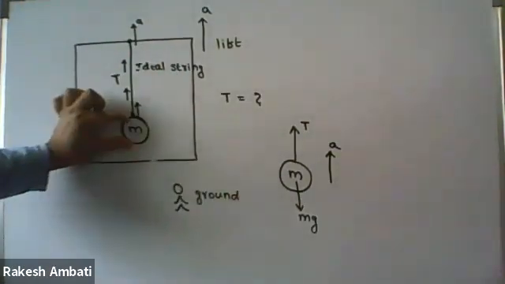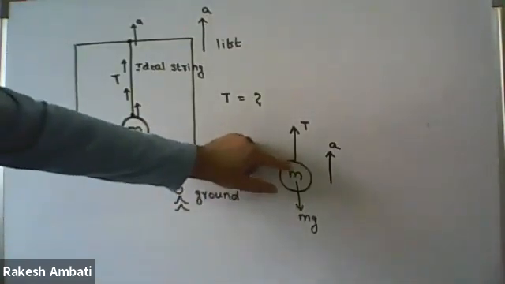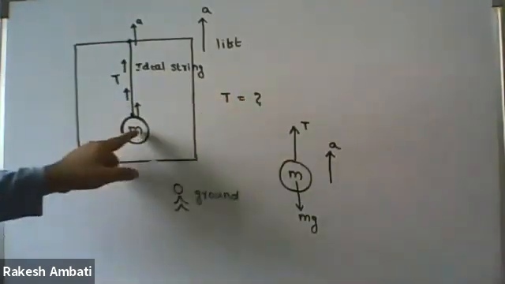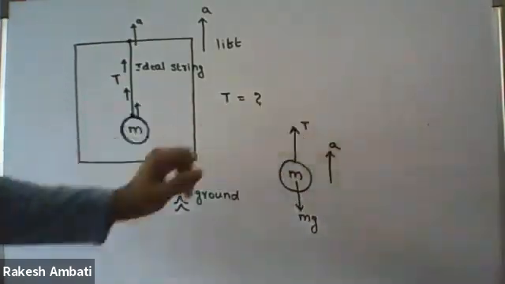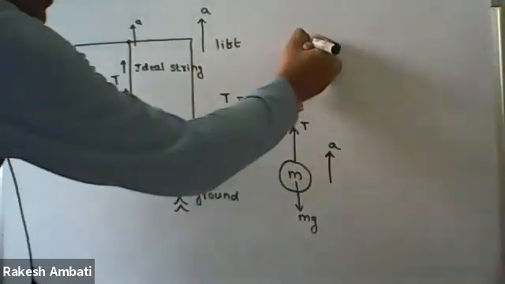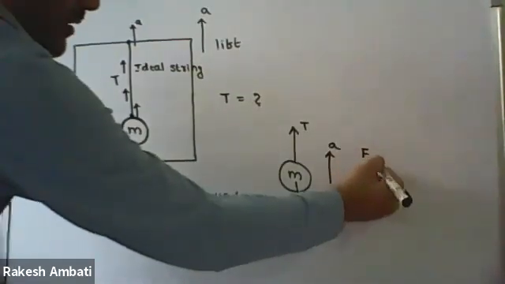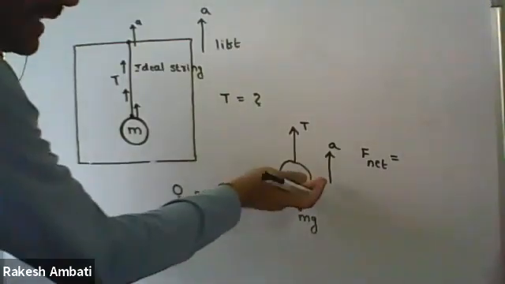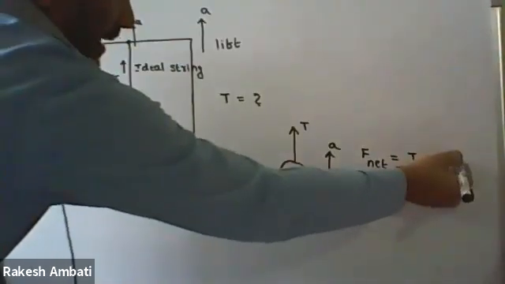For this block we have drawn the FBD. The tension force is directed away from the object along the string, and the gravitational force is mg. The direction of motion is upwards with acceleration a. So the dynamic equation is: resultant force equals mass times acceleration, so ma equals T minus mg.